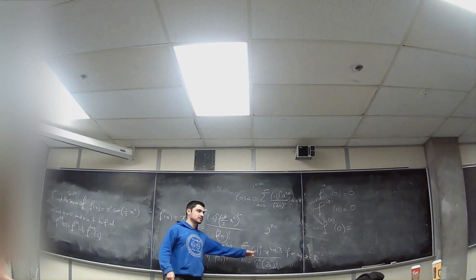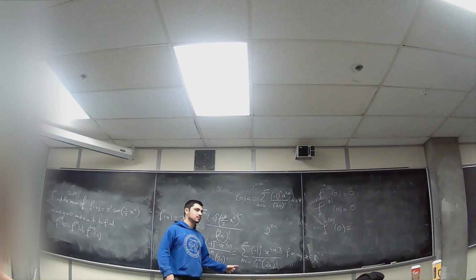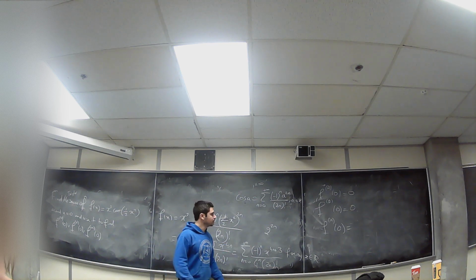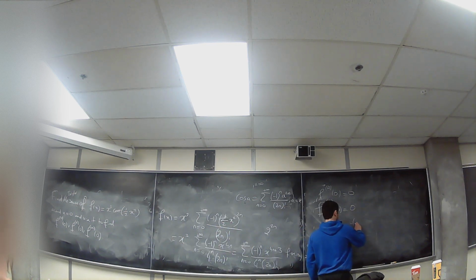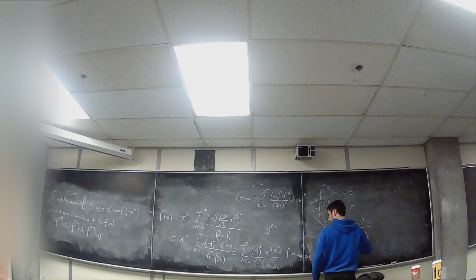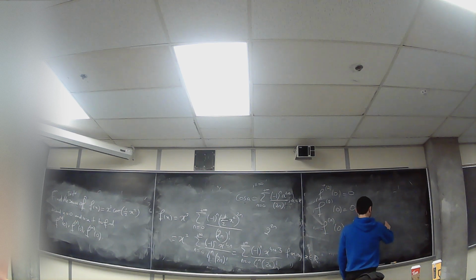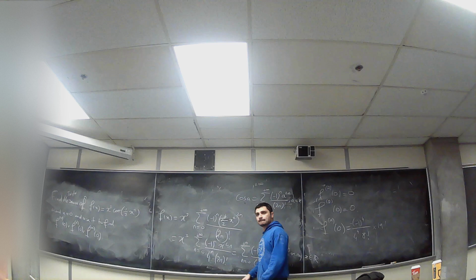For n equal to 4, what is the number I'm looking for? Minus 1 to the 4, very good, divided by 4 to the 4, times 8 factorial. Then times 19 factorial.